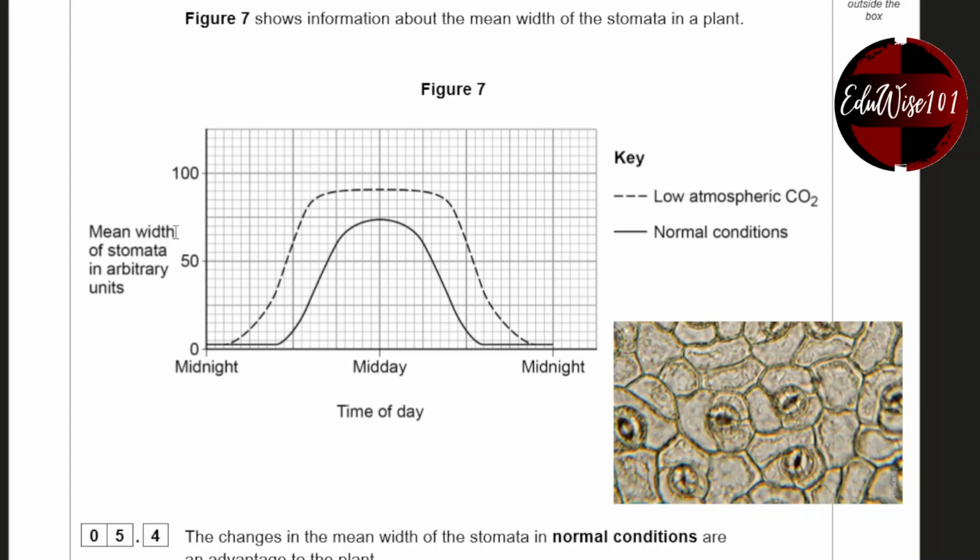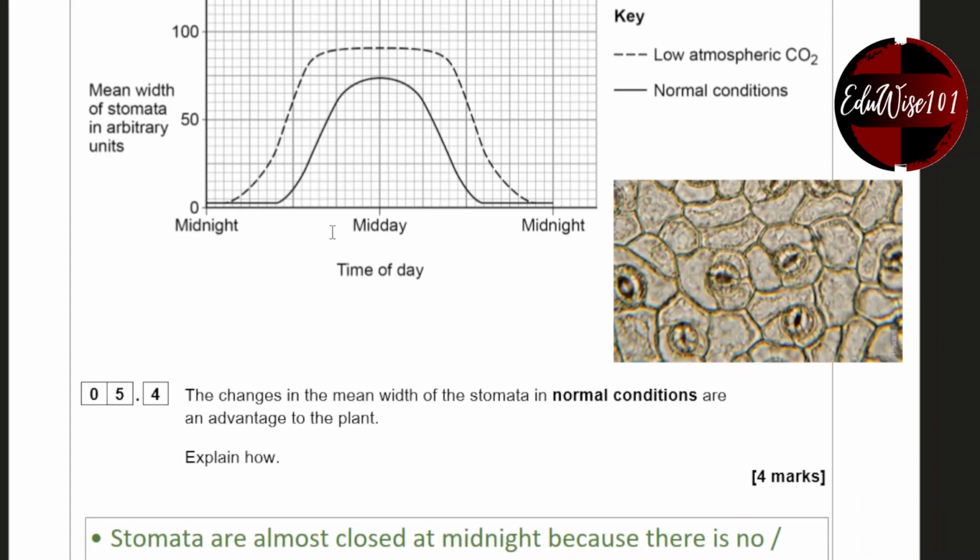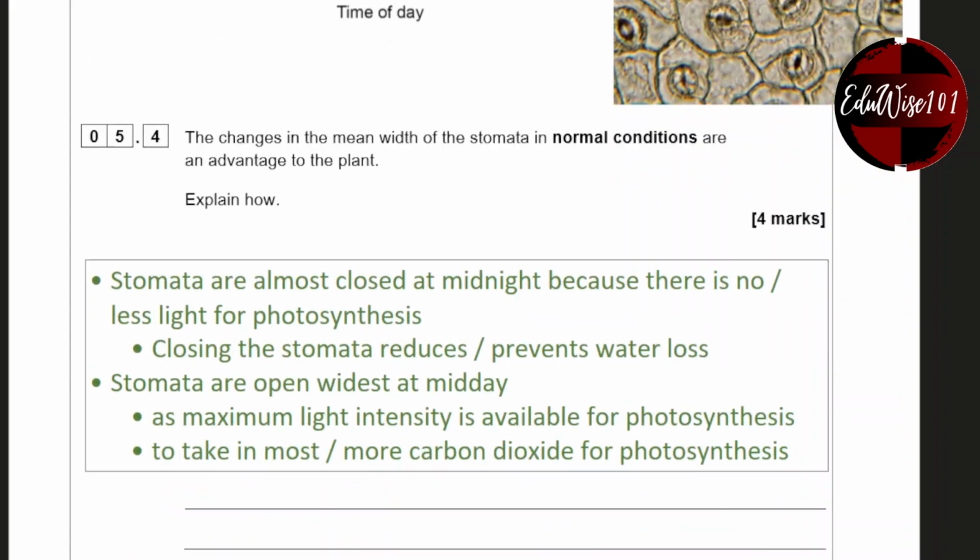You could say mean width is about 75, and at low carbon dioxide it's about 90. So it's higher by 15 arbitrary units, and it's actually open for much longer as well, when it's at low atmospheric carbon dioxide conditions.